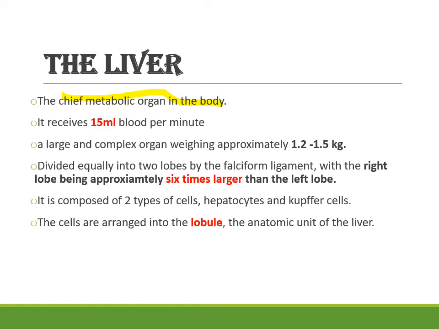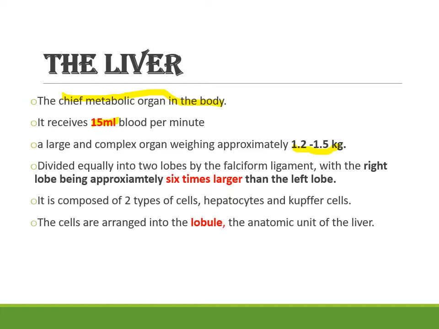Your liver receives 15 ml of blood per minute, and it weighs approximately 1.2 to 1.5 kilograms. Your liver is divided into two lobes, the right lobe and the left lobe.